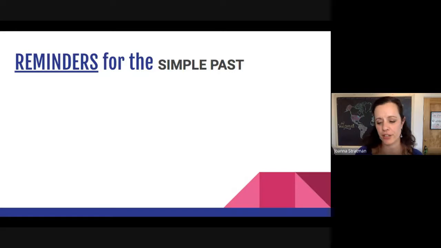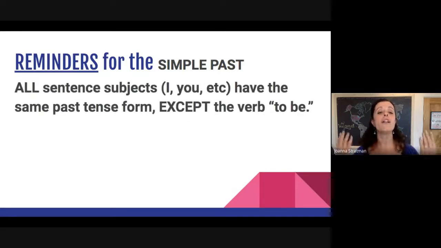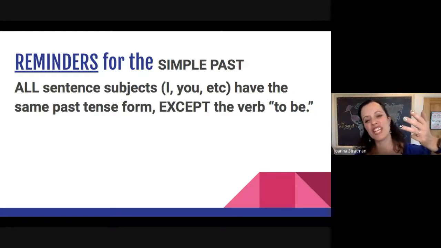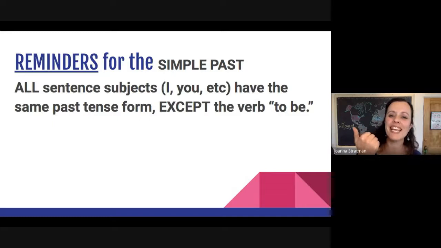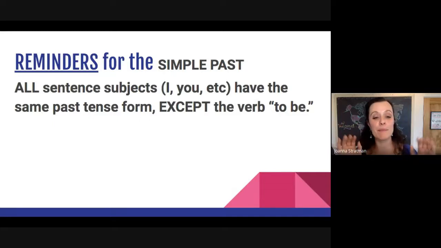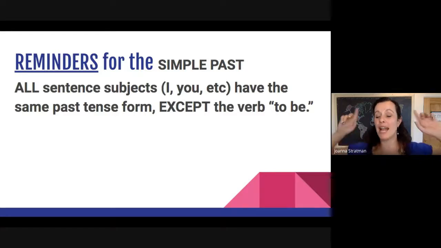Another reminder is that all sentence subjects, I, you, he, she, it, we, and they all have the same past tense form, except the verb to be. Remember, the verb to be is was and were, but all the other verbs use the same past tense. Let's look at an example.